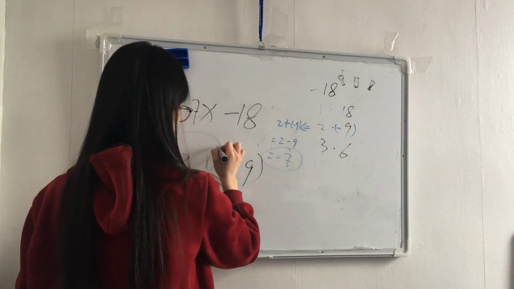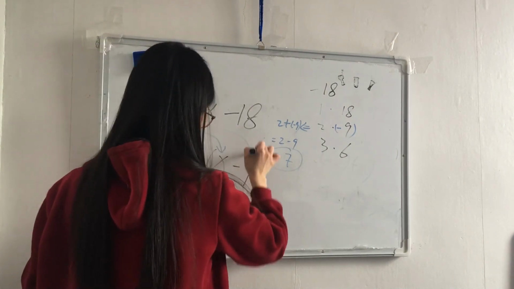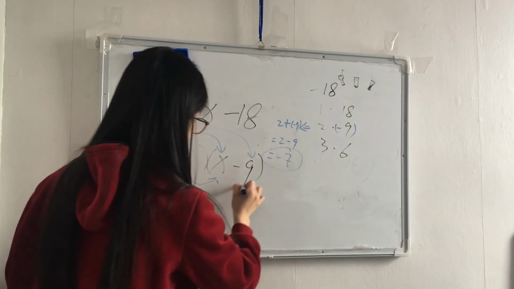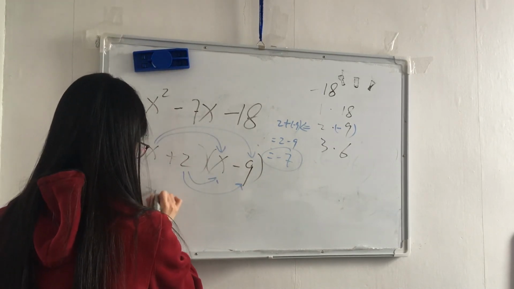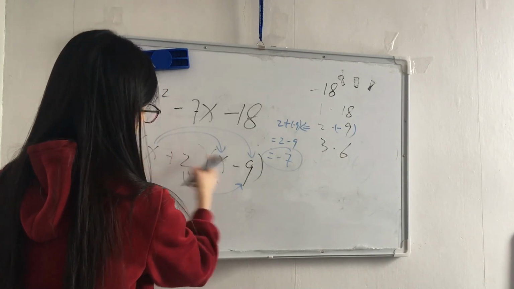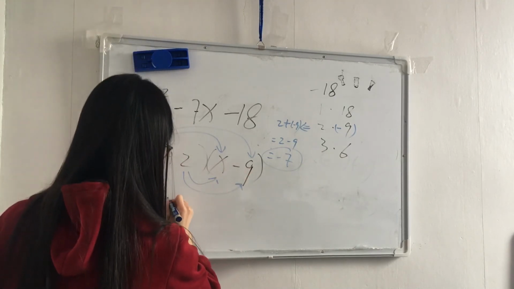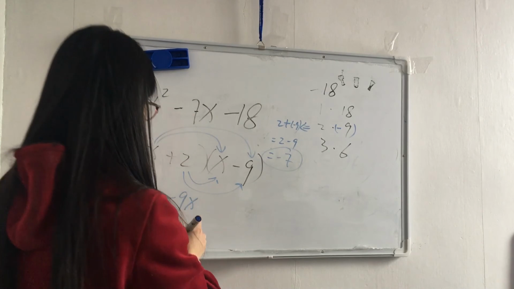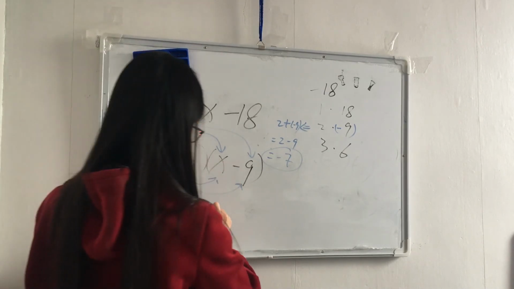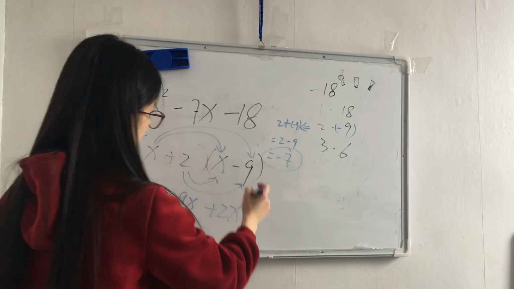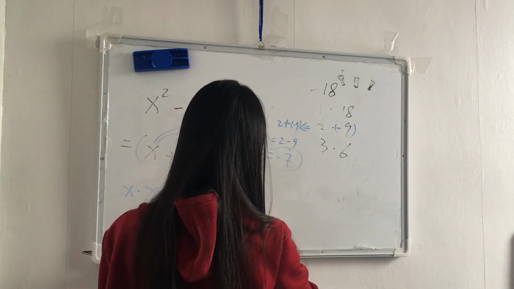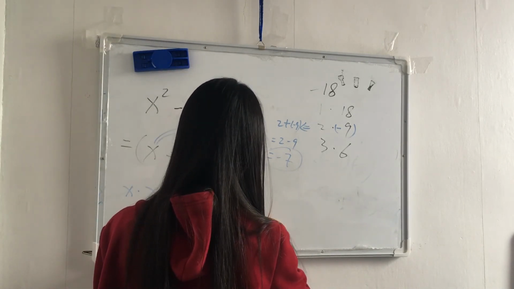So we'll try the distributive property. x times x, x times negative 9, that's negative 9x, 2 times x, that's 2x, 2 times negative 9 is negative 18.